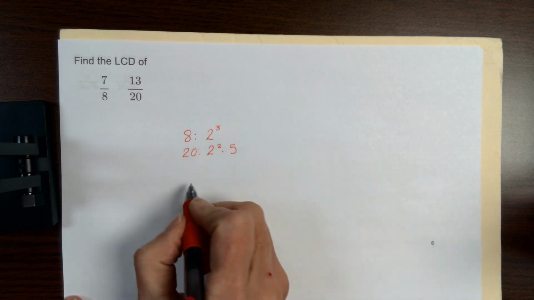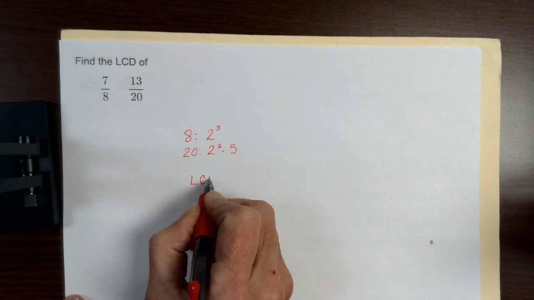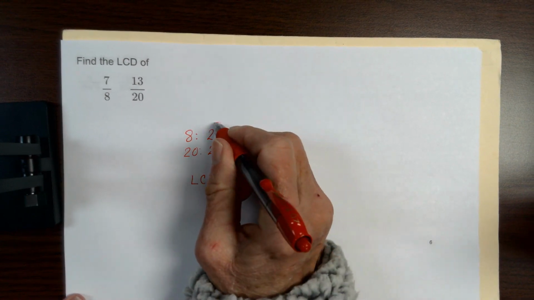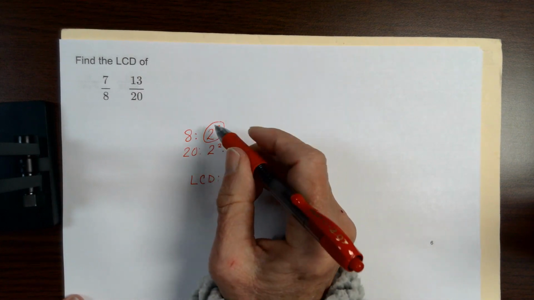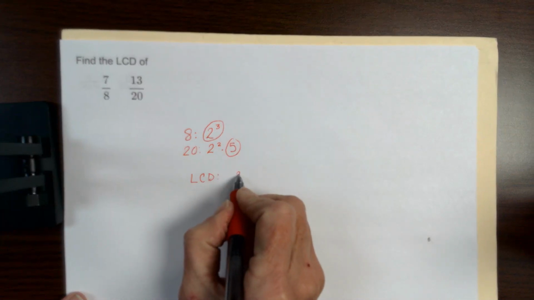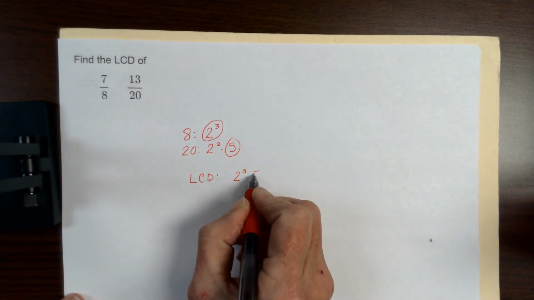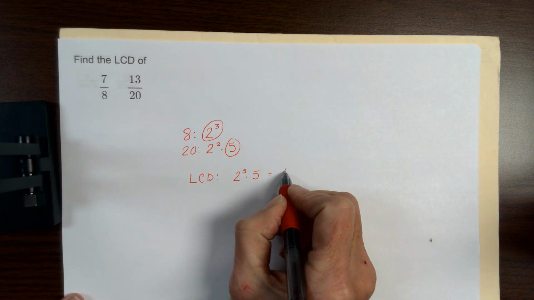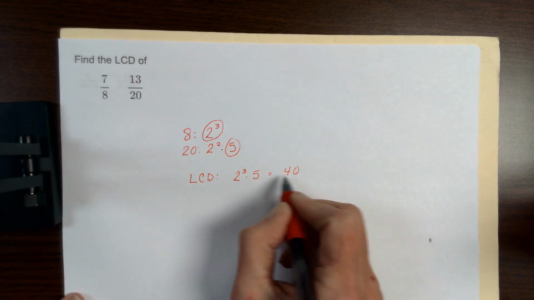So to find the least common denominator, I'm going to take the highest power of 2, which is 2 to the third power, and 5. So 2 to the third power times 5 gives me 40, because this is 8 times 5.